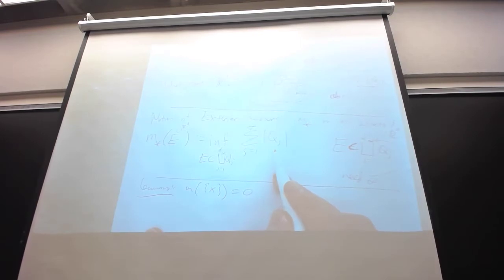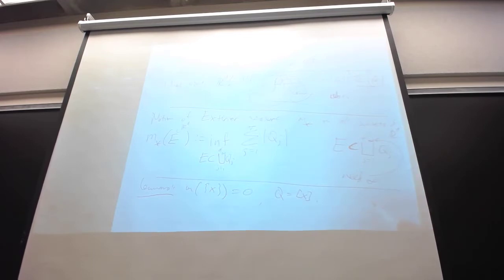Well, we could cover the singleton by a closed cube, x_1 through x_d, with side lengths going to 0 as epsilon goes to 0.